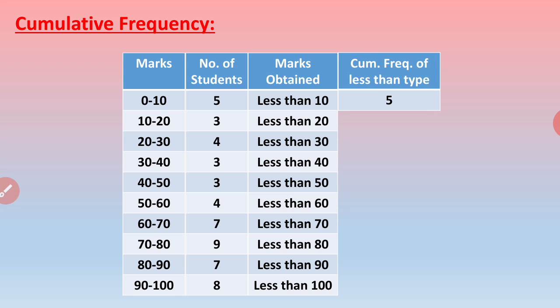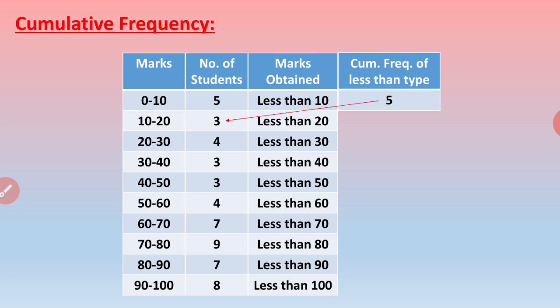Now we will try to learn about the method of finding cumulative frequency of less than type. Here the numbers are considered to be less than, because we are considering less than 10, less than 20, etc. So in such cases, we note down the first frequency as it is. The first frequency, that is 5, is noted down as it is.